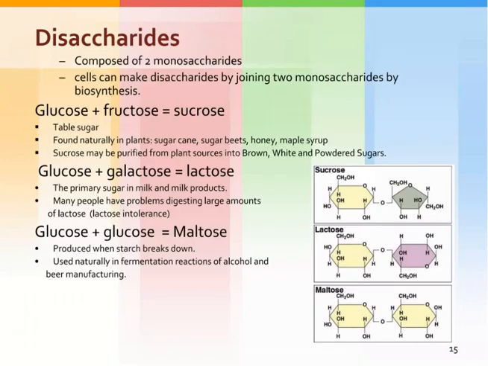Now disaccharides, you have seen already: glucose plus fructose, sucrose. Table sugar is found naturally in plants, sugar cane, sugar beets, honey, maple syrup. Sucrose may be purified from plant sources into brown, white, and powdered sugar. Glucose plus galactose, lactose, and glucose plus glucose, maltose.